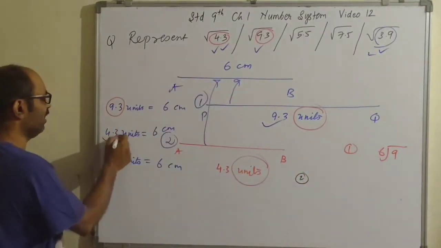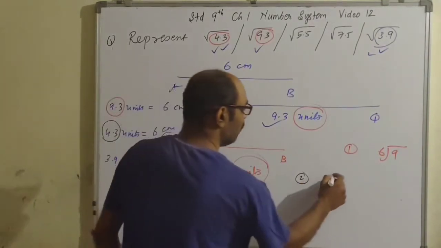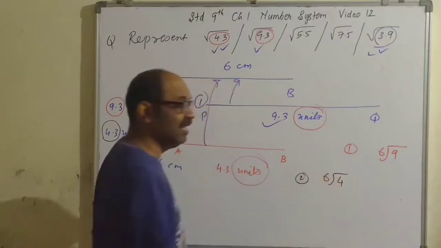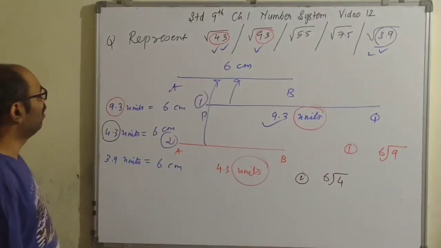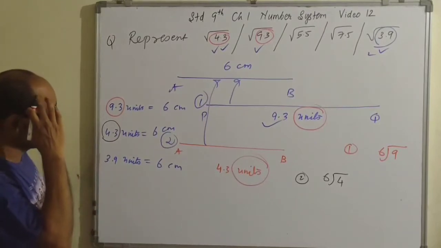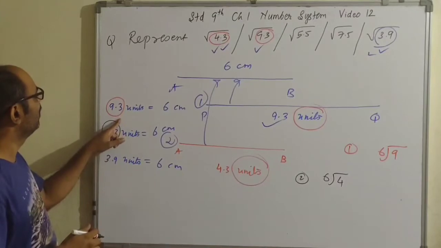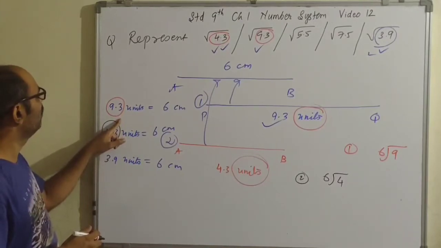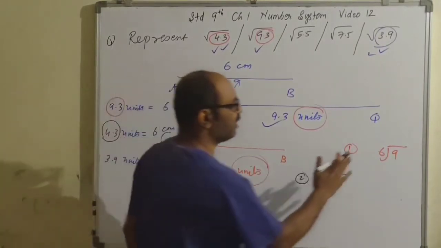Let's see, here, instead of 4.3, I'll take round figure 4. So that 4 is divided by 6. Actually 6. Okay. So 1 unit is equal to, I made a mistake.